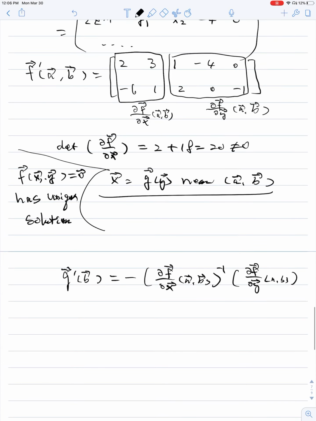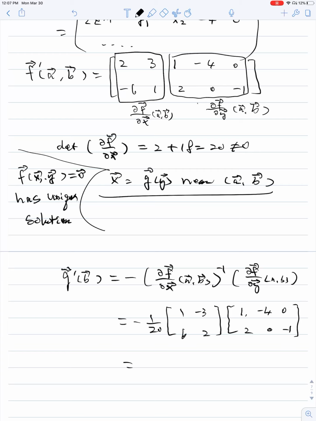Now this is a 2 by 2 matrix, so its inverse is just 1 over the determinant, and then you exchange these two, so it becomes 1, 2, and you change the sign of these two, so it becomes negative 3, 6, and then you multiply by df/dy, which is this matrix, 1, negative 4, 0, 2, 0, negative 1.